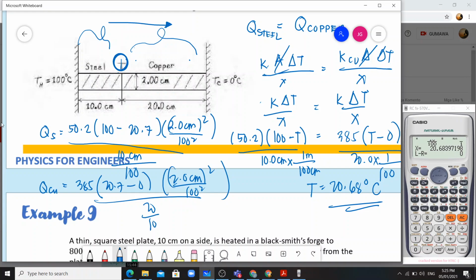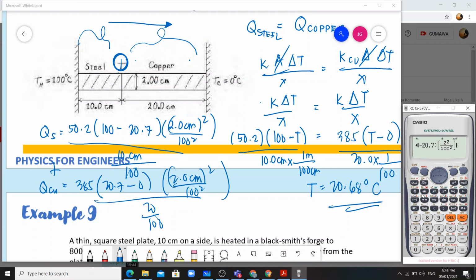20 over 100. I-add mo tong dalawa. Okay, so i-add natin. 50.2, 100 minus 20.7 times 2 squared over 100 squared.